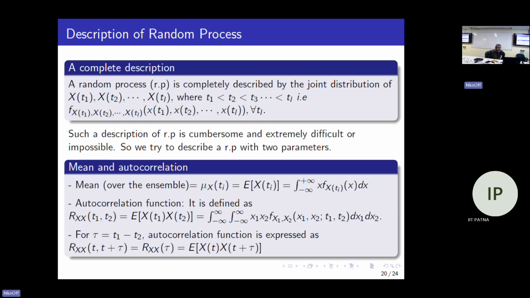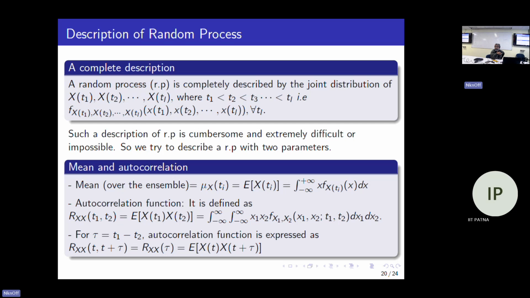Right. Rxx(t1, t2) is the E of x(t) and x(t plus tau). So that means if we have a distribution of x1, x2, f(x1), f(x2), then it will be E of x(t1) into x(t2). If you have a joint distribution and you integrate from minus infinity to plus infinity, it will not be a matrix.